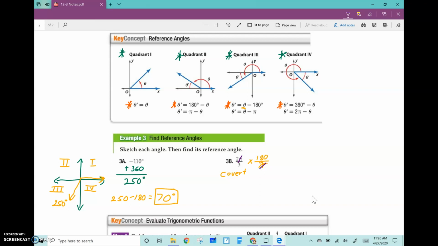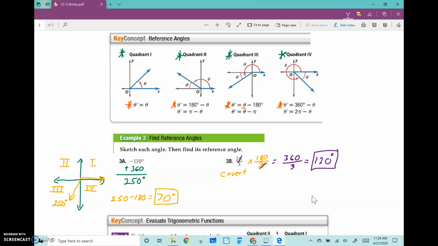And I got 2 times 180. And if we type that in our calculator, we know that that is 360. And I've got 3 in my denominator. So now I'm going to do 360 divided by 3. And I get 120 degrees.